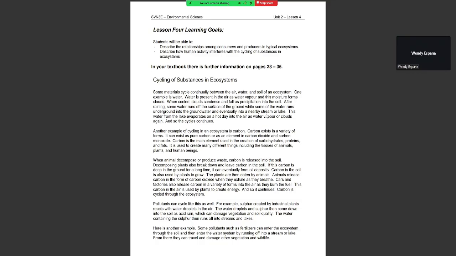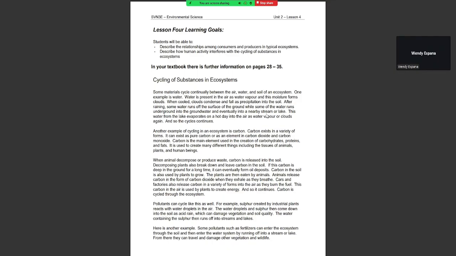And we're going to talk about how that happens, how it goes from one of those to the other. How do we get it from the sun, plants, and animals? Also, we know that carbon can come out of dead plants and animals from the process of decomposition. We have decomposers, and we'll talk about that.